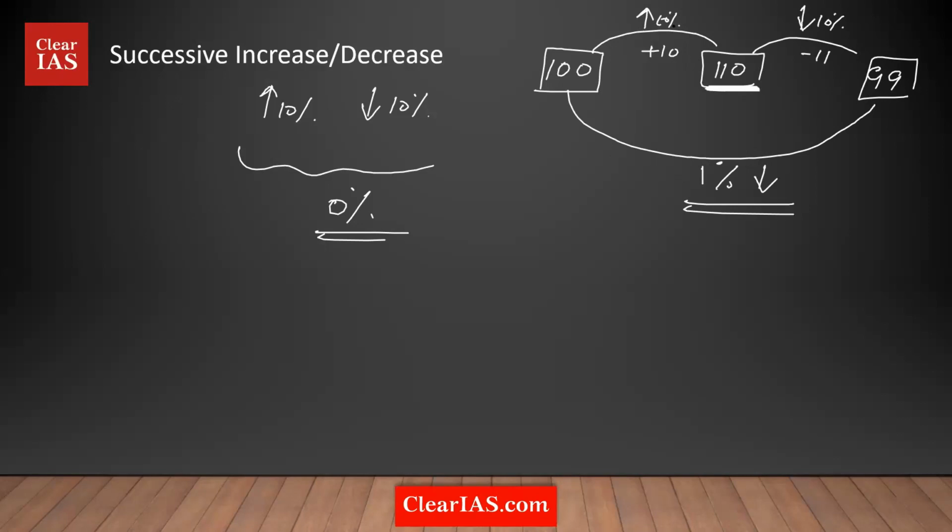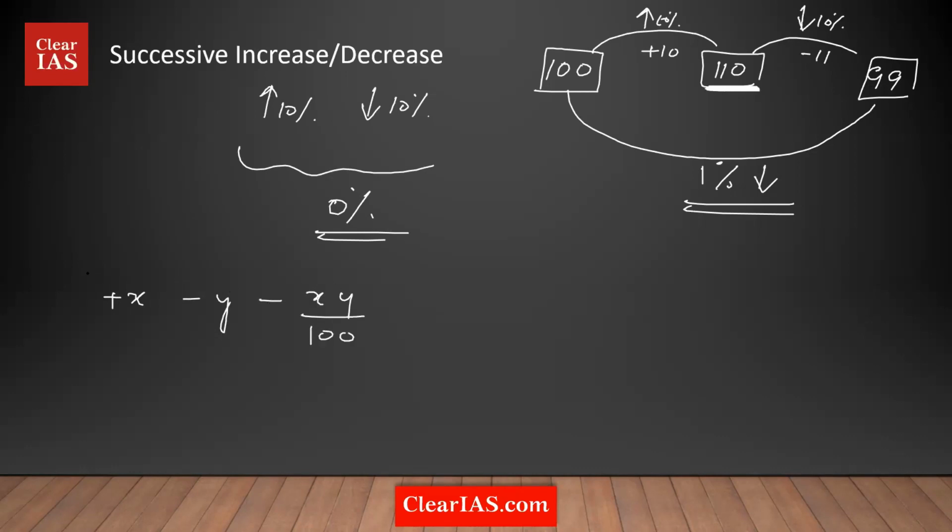100, a 10% increase, you are getting 110, and a 10% decrease. What is 10% of 110? 11, you are decreasing it, you are getting 99. So if you use the formula, remember x, y. One is an increase, so I put plus. The other is a decrease, minus. The product x into y becomes negative. So remember, the sign of the product is also important.